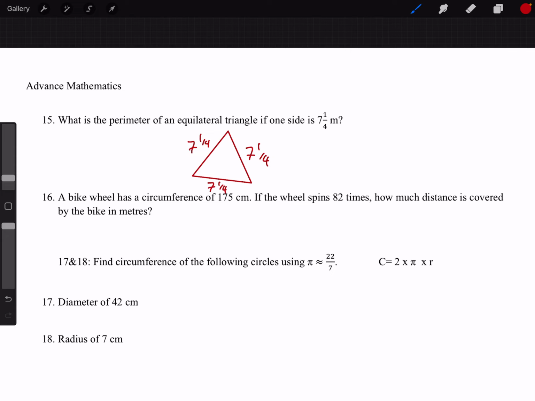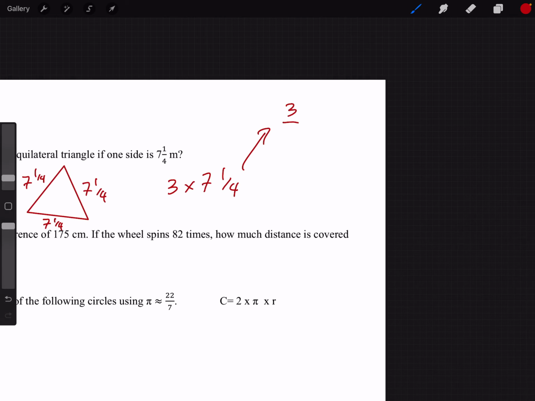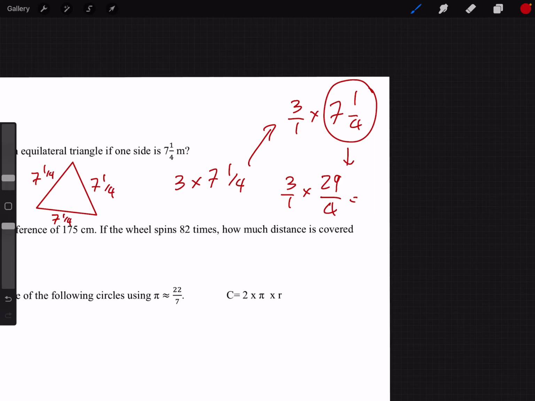So what are you going to do? Just work it out. Add them all up, or you could do 3 times 7 1/4. To do this kind of question, you can do 3 over 1 times 7 1/4, but you can't do that. You've got to change it into an improper fraction. So 3 over 1 times 29 over 4. Work it out. Okay, I'm going to go on to the next question.